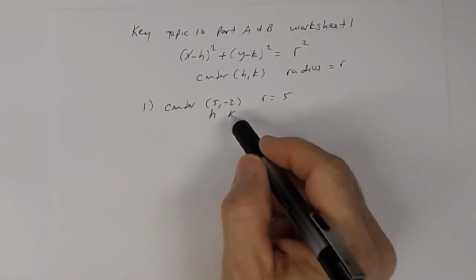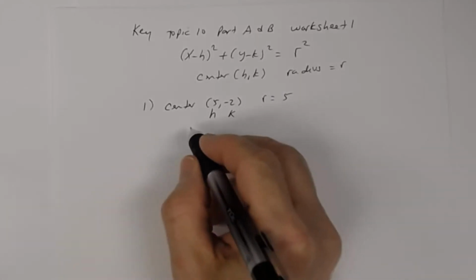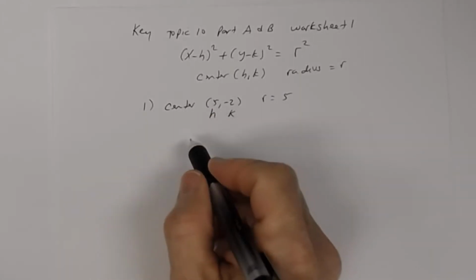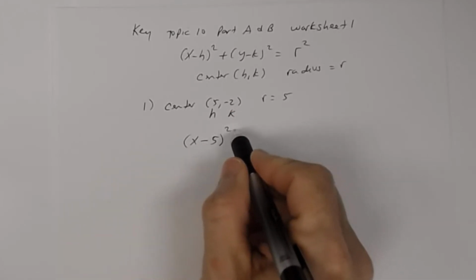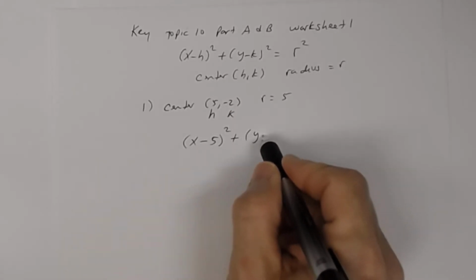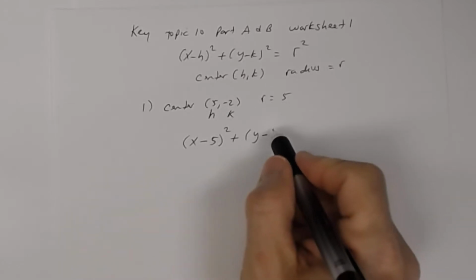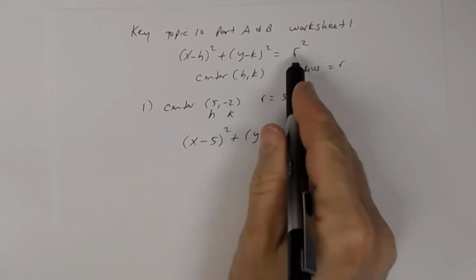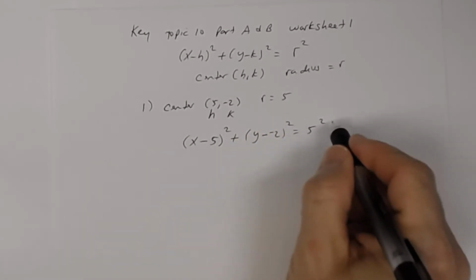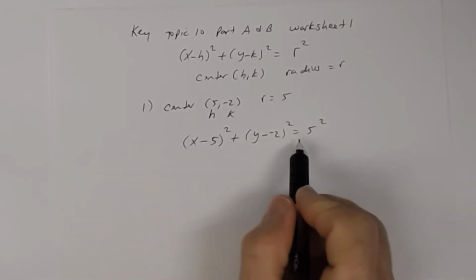So all you do is just plug this information into your formula. So we get x minus h, which is 5, squared, plus y minus k, which is negative 2, squared, equals r squared. R is 5, so 5 squared. Now, don't leave your answer like this.